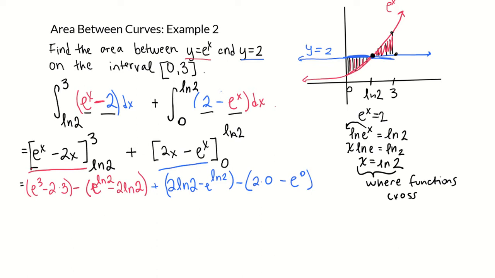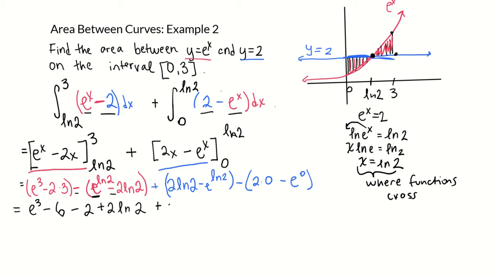And then we just want to simplify all of these pieces. So this is e to the 3rd minus 6 minus e to the ln of 2, which is 2, minus negative will be plus 2 ln of 2 for that red portion.